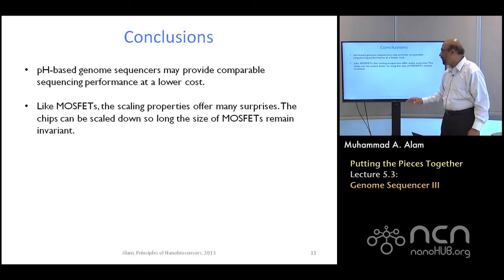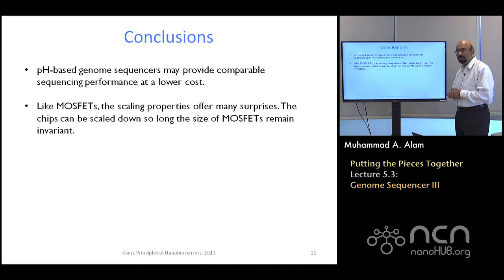Now, like MOSFETs, when you make things small, there are many surprises. One of the surprises which I alluded to towards the end is that you should not be scaling the transistor size too much, because the noise increase essentially compromises the signal to noise ratio.